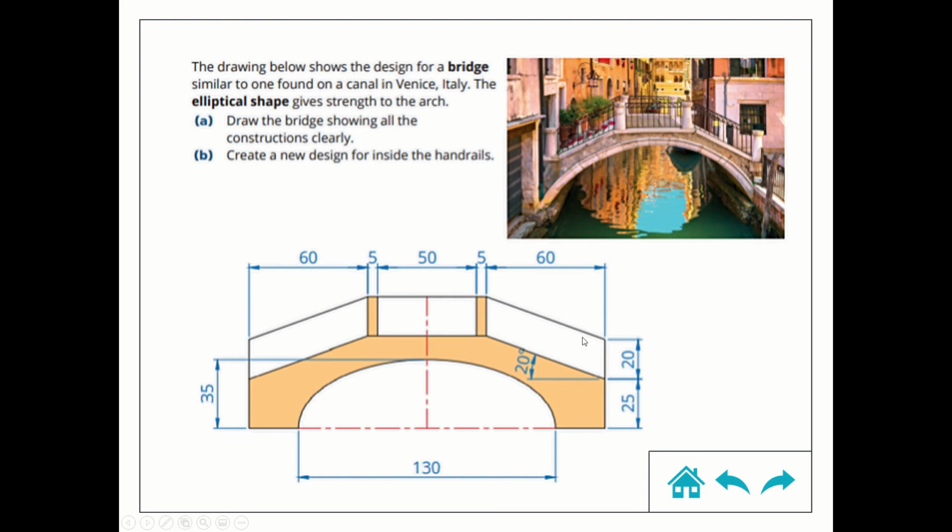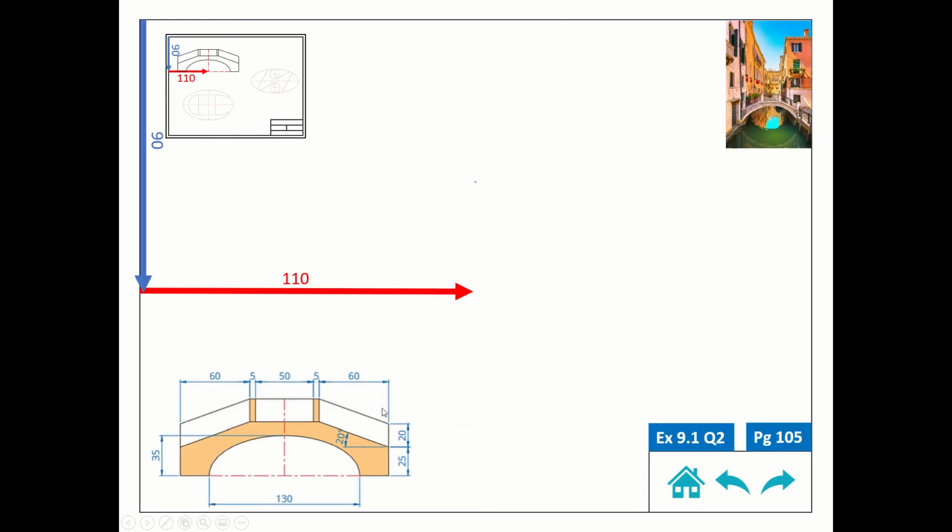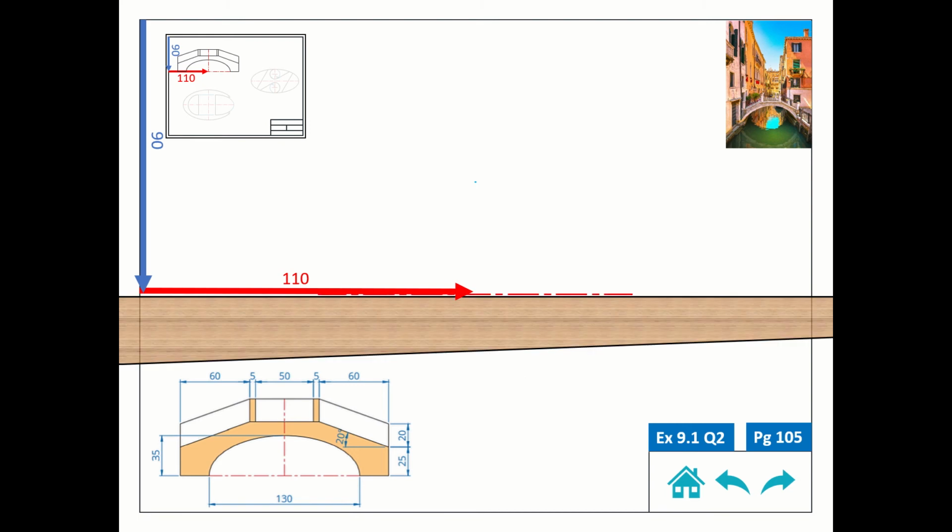So let's have a look at the setup here. Again, I would ignore the actual spacing here. Just try and get as many of these on the page as possible. Even if you wanted to divide the page into four, you should be able to fit all four on your first page anyway. Looking at our drawing, we put in our major axis first of all.